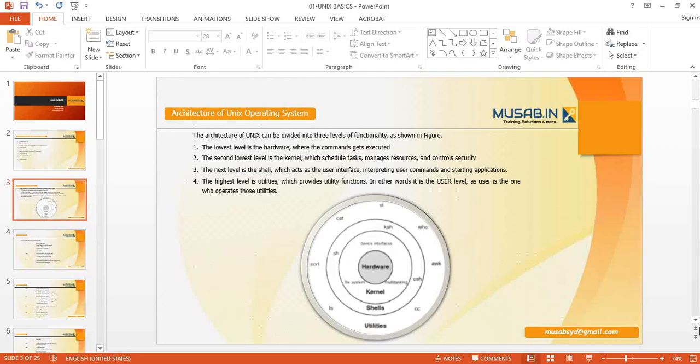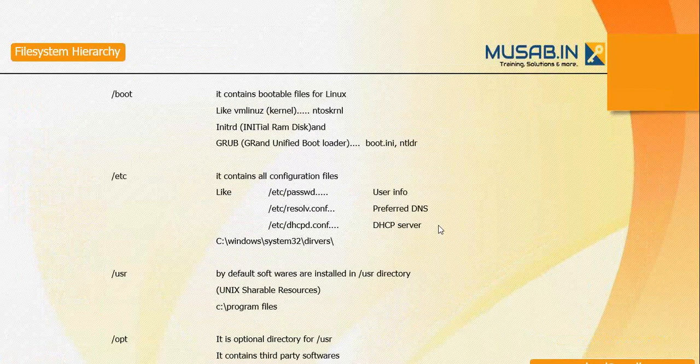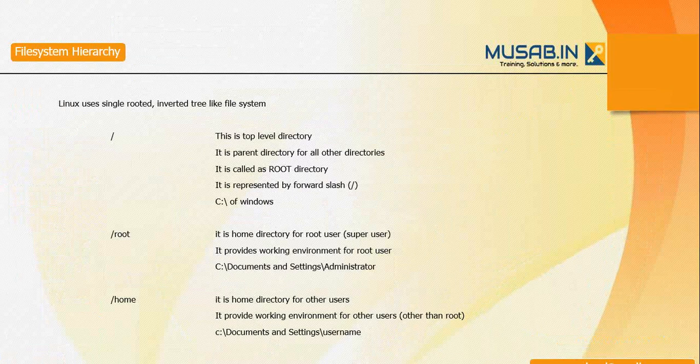Okay, so let's move forward and talk about the important file system hierarchy that we need to understand. Guys, in our Windows world, we save everything in the form of partitions: C drive, D drive, E drive, F drive, like that.